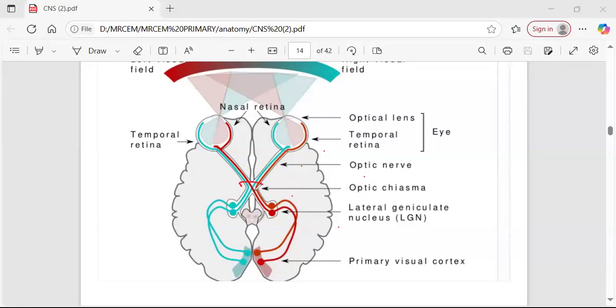Okay, you can see that this is the optic chiasm where all of the fibers from the nasal retina are crossing or decussating. If there is an issue here, there will be an issue on both sides, bitemporal homonymous hemianopia. So there will be a bitemporal issue.